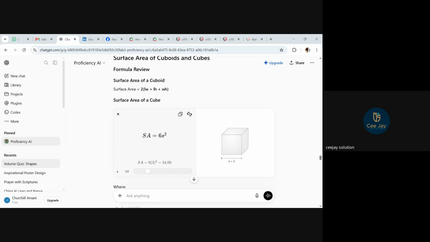Let's say S was 10. So 10 squared, that is 100 times 6, that is 600.